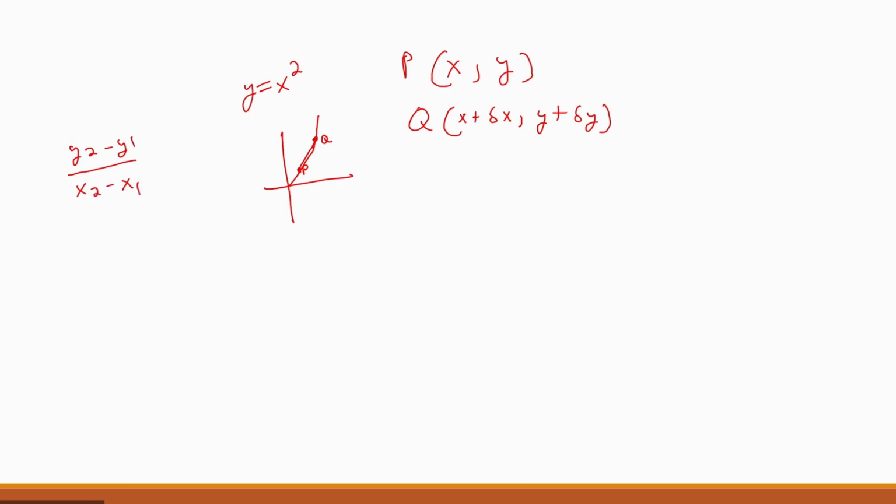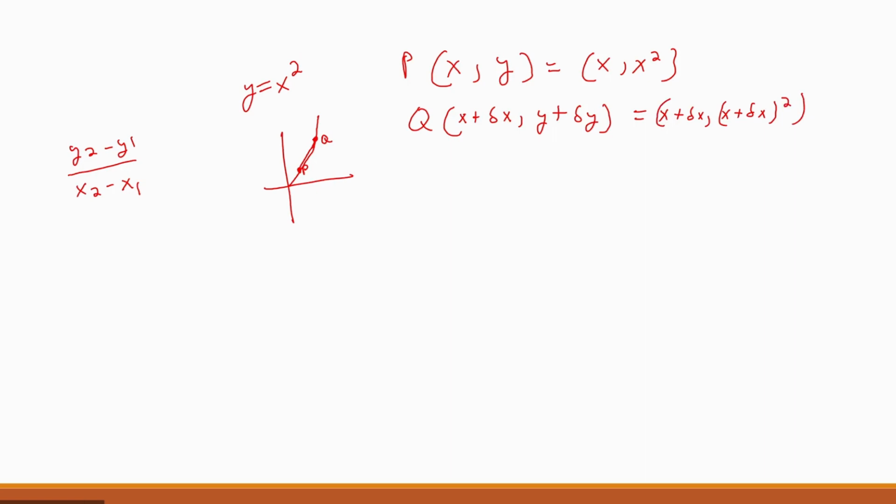Alright, so first of all, let me switch all of the coordinates into x. For example, for p the coordinates will be x and x squared. As you can see, y is equal to x squared, so whatever the value of x is, we can square that. Now for the second one, it will be x plus small change in x and x plus small change in x, this will be squared.